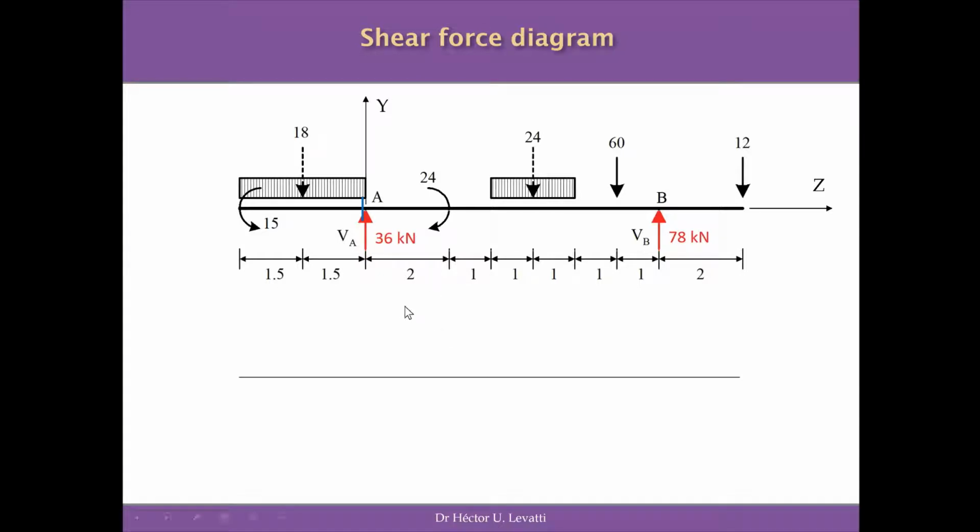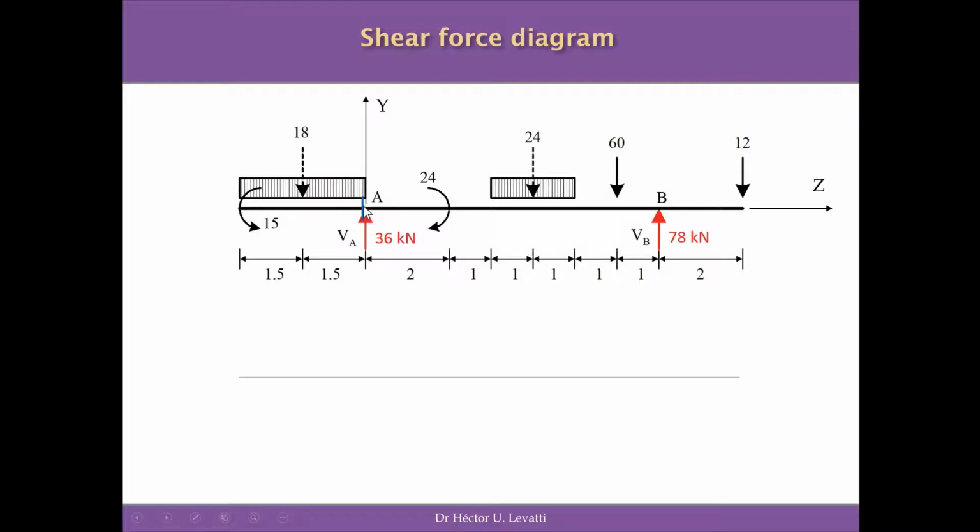So in the first place, I'm going to focus my attention on this cross section in blue, just before the reaction VA. And as you see, we need to start analyzing the left side of the structure, or the right side of the structure with the opposite sign, because we are doing the shear forces.